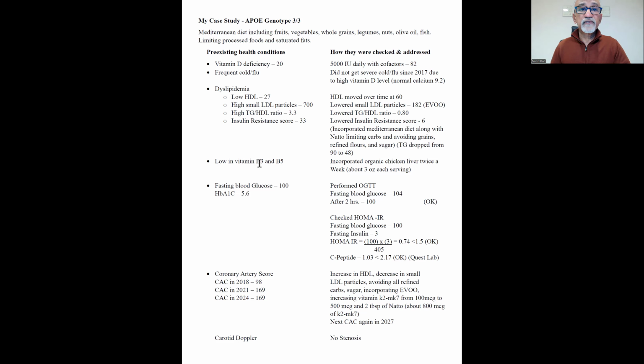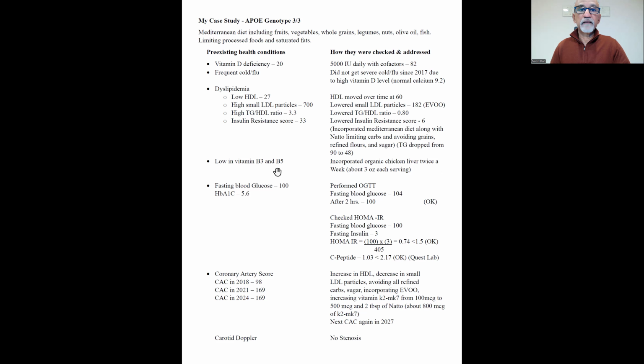So the consultant recommended me to incorporate some sort of liver in my diet, either beef liver or chicken liver. I prefer grass-fed beef liver, but it was not available in my area. So I've been buying organic chicken liver, and I'm eating it twice a week, just sauteing it with a little bit of spices to make it flavorful, 3 ounces each serving.